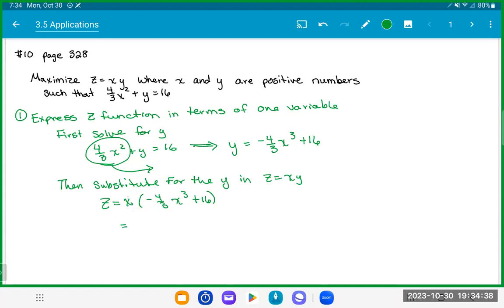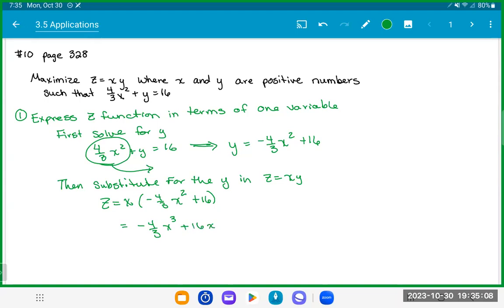We're just distributing this x to both terms, and that will simplify to negative 4/3 x cubed plus 16x.